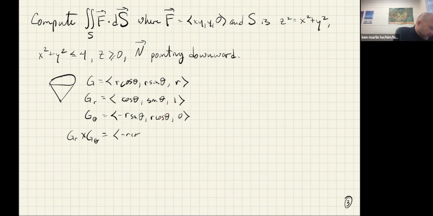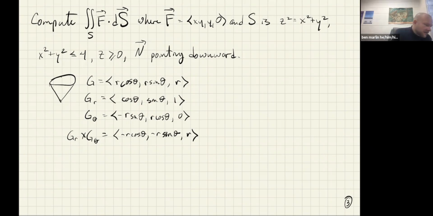So minus r cosine theta, and then minus r sine theta minus 0. That's r sine theta, comma, and then we'll have the r cosine squared minus a negative r sine squared. So that means we end up with an r here. Oh, haha. As it turned out, I didn't make an algebra error. It's just that I don't have what I want.